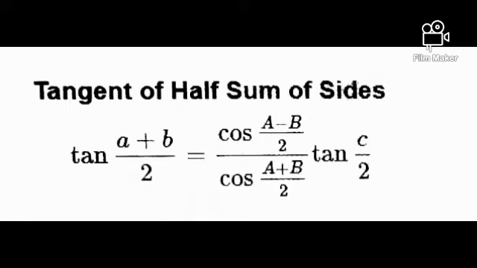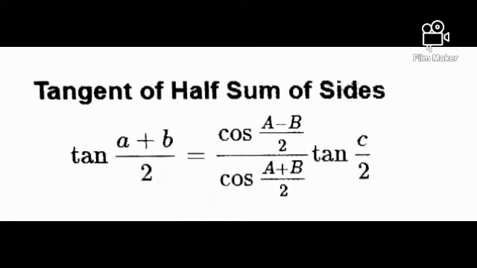And the cosine of half the sum of the two angles, capital letters A and B, opposite the sides small a and small b, multiplied by the tangent of half the third side. If you are considering the sides a and b, the third side is c.